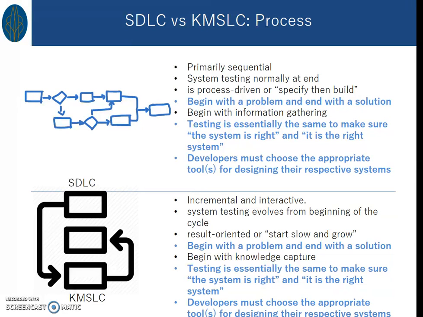If you compare that with SDLC, it would involve only the users and the system analysts, because the users are the process owner. They know about the process. But for the knowledge management system lifecycle, it involves not only the user but also the domain expert, the knowledge engineer, and the developer.